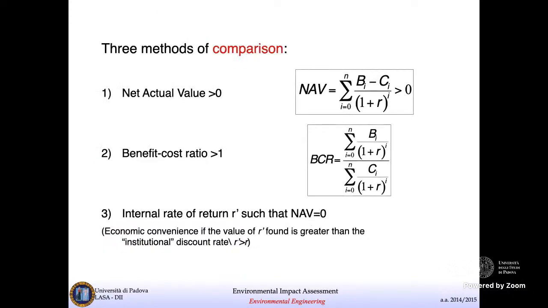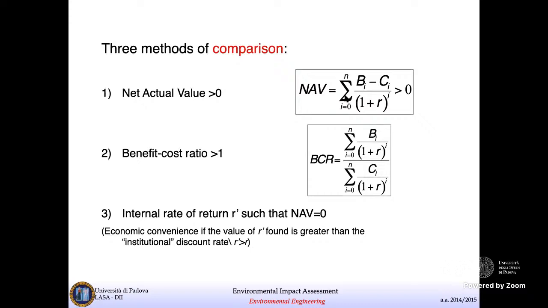There are 3 methods of comparison. The first one is the net actual value. So you calculate, for each year of the project, the difference between the yearly benefits minus the yearly costs, divided by the discount rate function. You make a summation along all the years of the project.